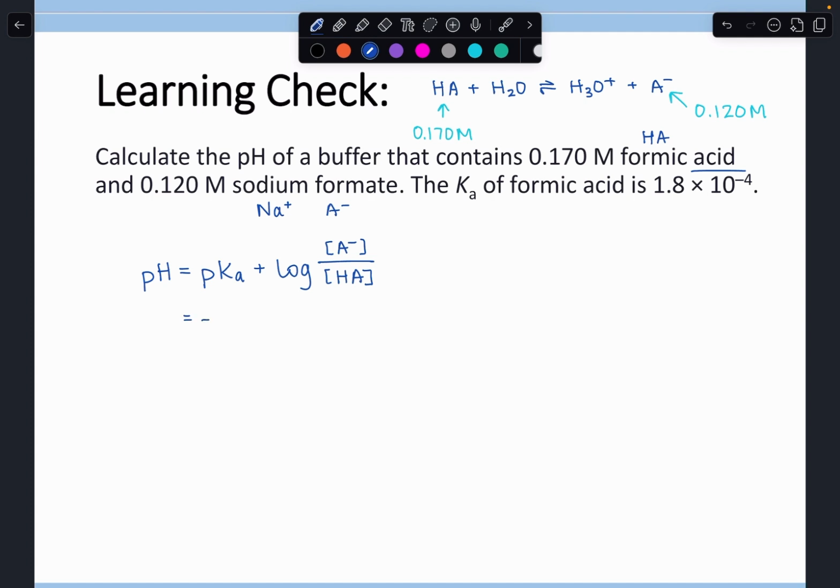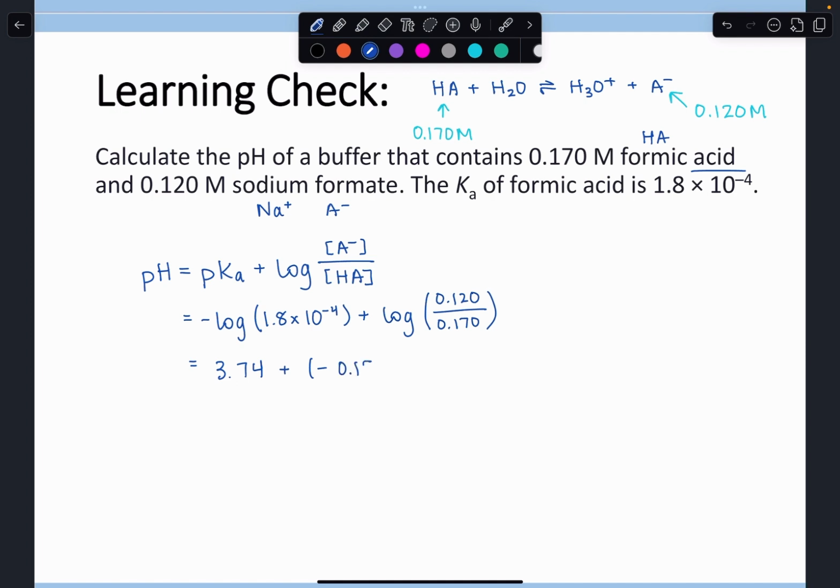So this is negative log of 1.8 times 10 to the negative 4 plus the log of 0.120 divided by 0.170. So I get 3.74 plus negative 0.151, so really 3.74 minus 0.151, 3.59.